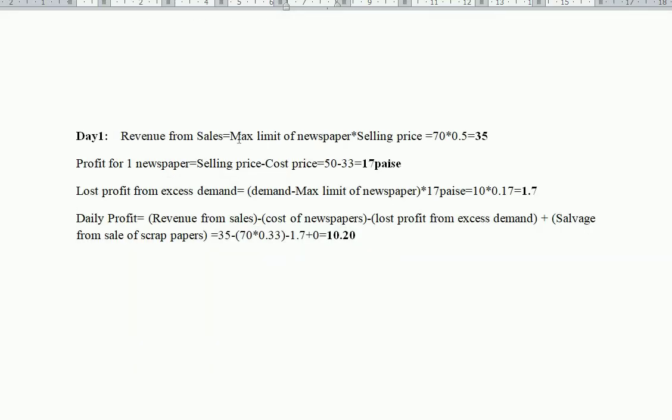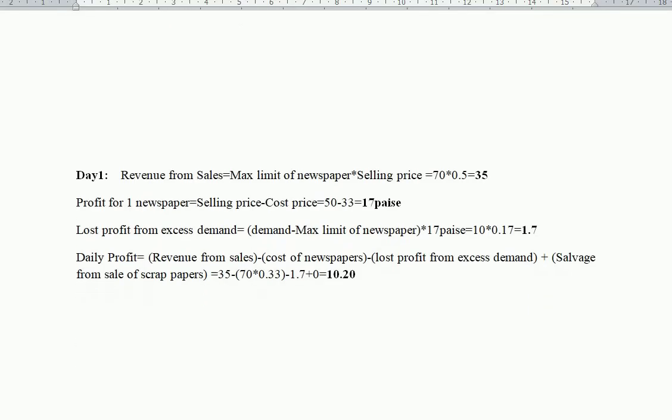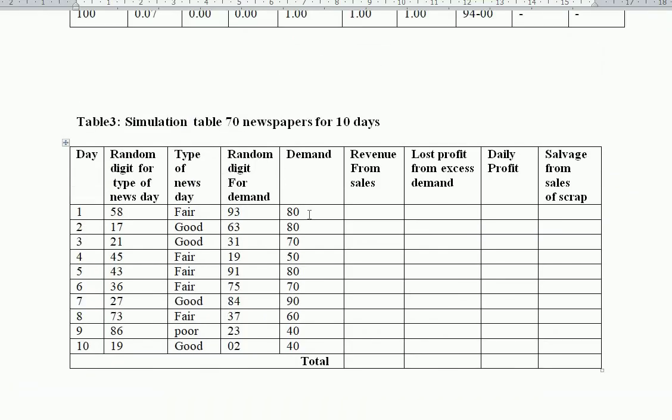Revenue from sales is limited by the maximum number of newspapers. How many newspapers are purchased per day? They are going to purchase only 70 newspapers, so they can sell only 70. Even though the demand on that particular day is 80, they can't sell 80 newspapers, because they purchased only 70.